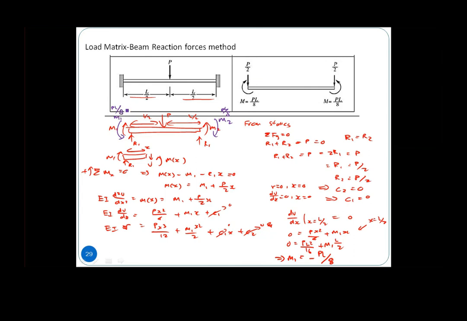PL over 8. So in terms of equivalent nodal loading, basically what we did is we get the opposite one, right? So from R1, R2, R1, R2 is P over 2, going up, now is coming down, P over 2 going down.